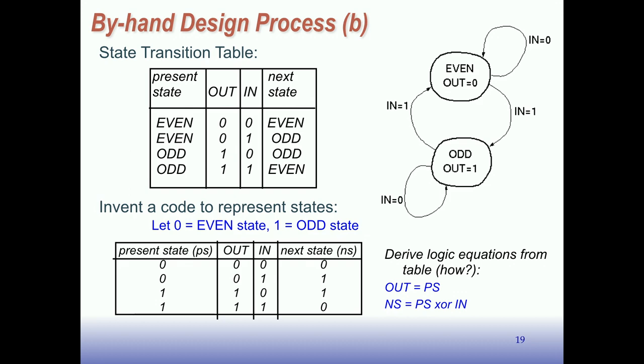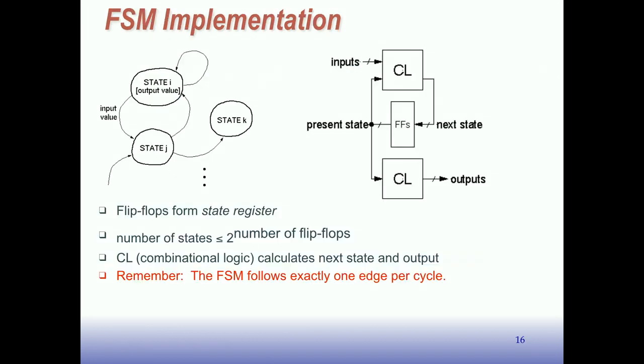And we get this thing that looks kind of like a truth table, where we have the ability to figure out what the combinational logic blocks are. Remember, there's 2 combinational logic blocks in my implementation. One is the output function based on the current state, and one is the next state function based on the current state and the input.